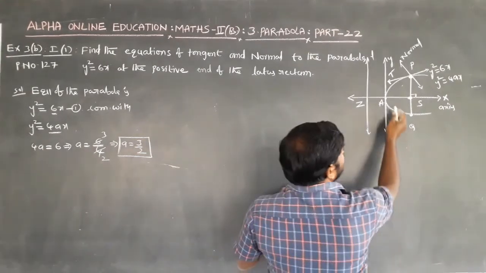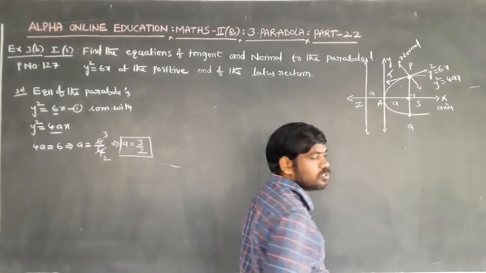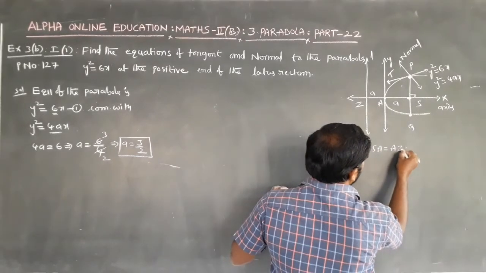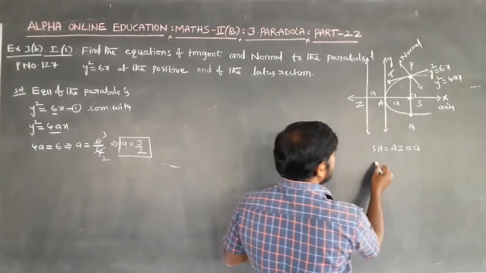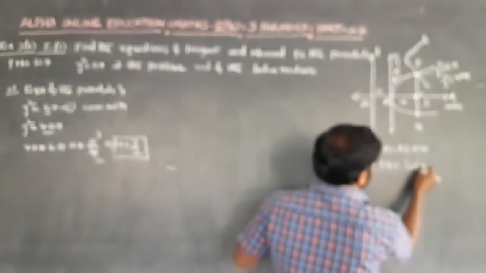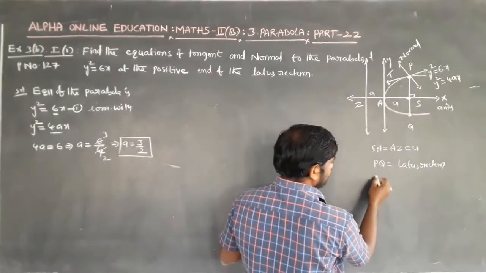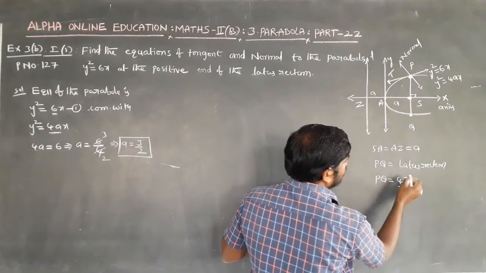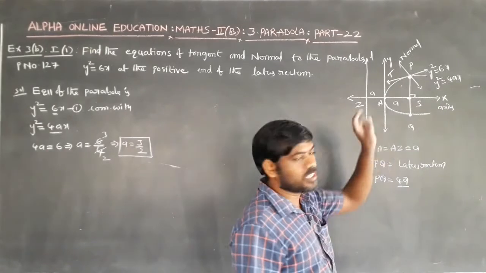So observe here, SA is equal to AZ is equal to small a. Again, here PQ is the length of the latus rectum. The length of the latus rectum of a parabola y square is equal to 4ax is 4a.